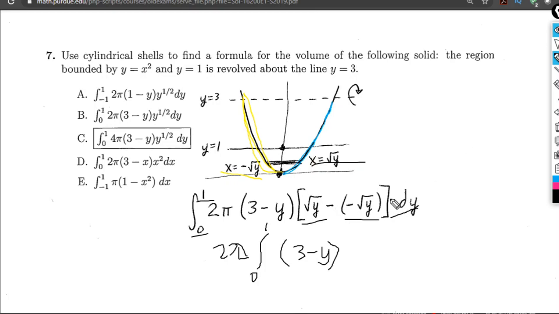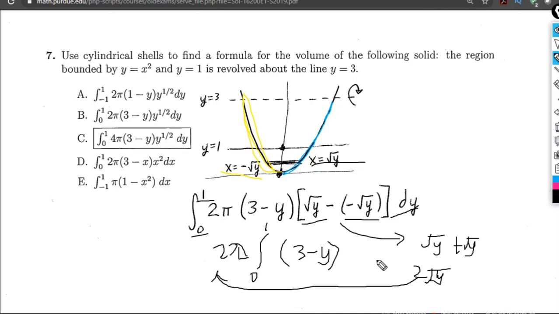To simplify, root y plus root y equals 2 root y. Then the 2 can go out to the 2 pi, making 4 pi in the front. With the bounds and the radius, and root y being y to the half power, that comes to answer choice C.